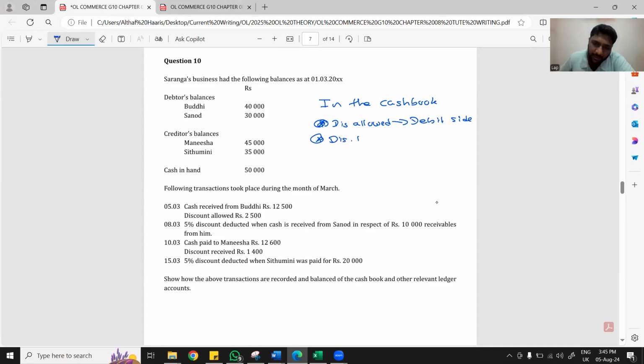Discount received will be there in the credit side. Write it down. Discount allowed will be there in the debit side, and discount received will be there in the credit side.